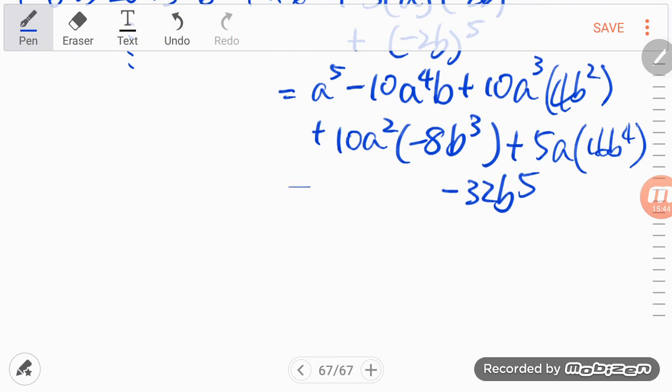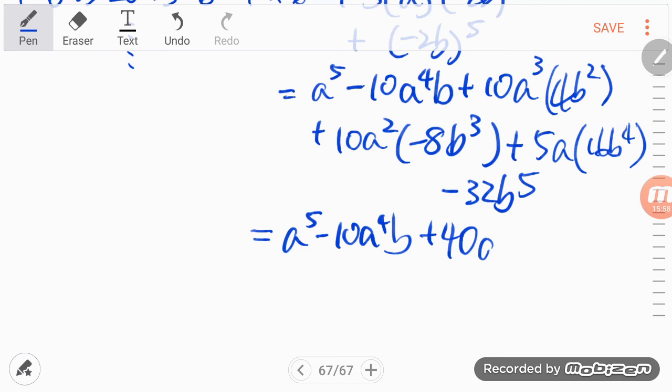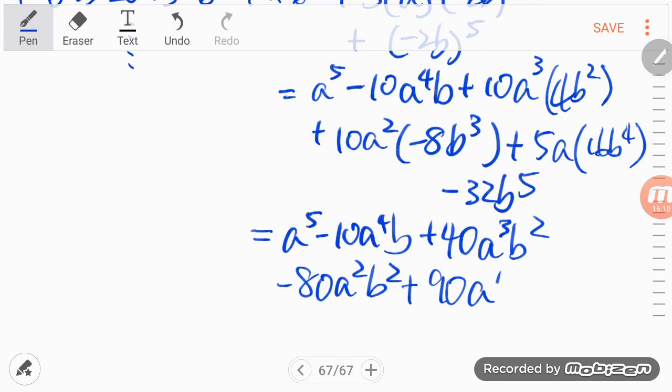So I can further simplify the stuff that I have here. A to the power of 5 minus 10a to the power of 4b plus 40a cubed b squared minus 80a squared b cubed plus 80ab to the power of 4.